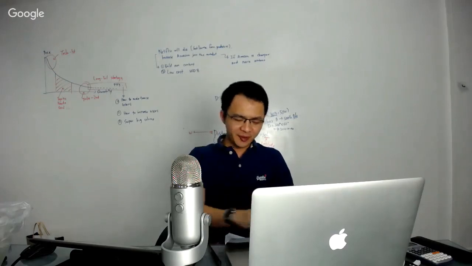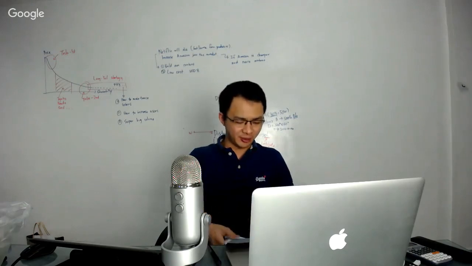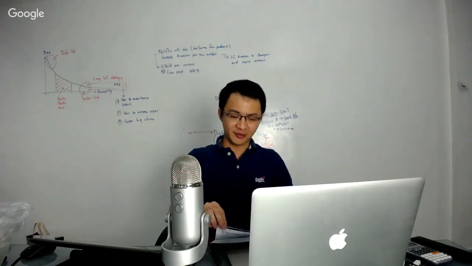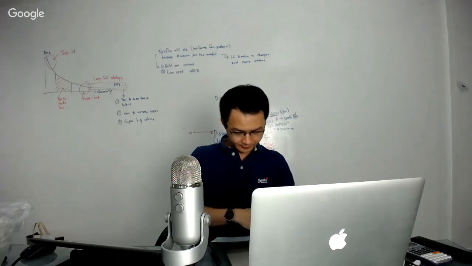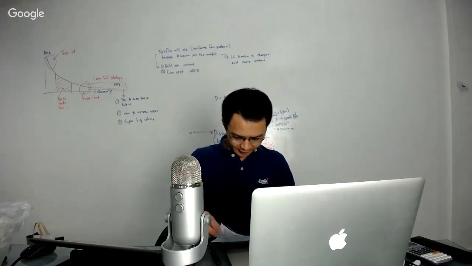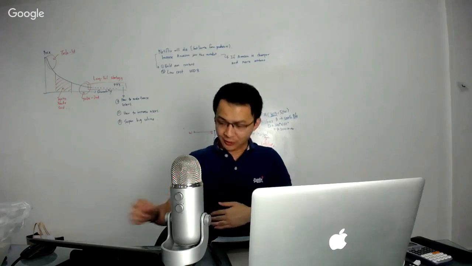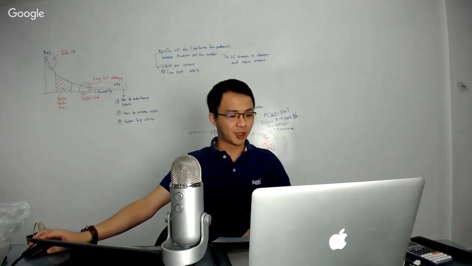Yeah, for the proving part, the first thing is you always need to be very familiar with the formula, because you will need to know which formula to use. Okay, I will try to show some question to you.